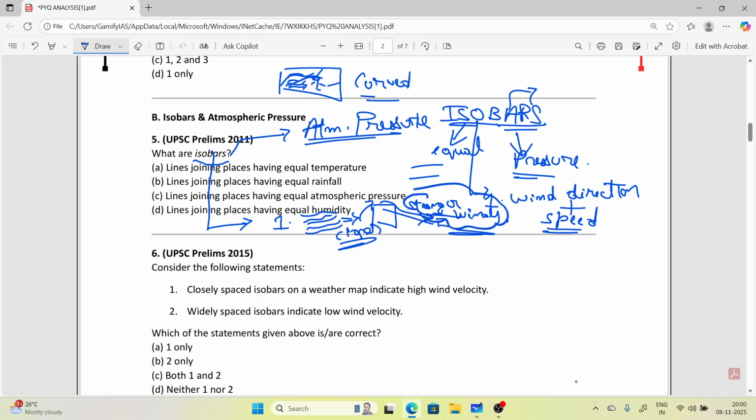This means stronger winds. If isobars are far apart, the winds are gentle, because the pressure difference is not too much. So isobars are lines joining places having equal atmospheric pressure.